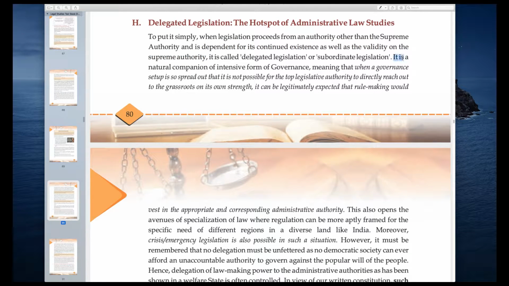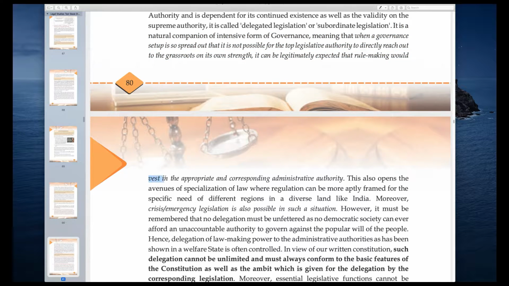So let's move on. It is a natural companion of intensive forms of governance, meaning that when a governance setup is so spread out that it is not possible for the top legislative authority to directly reach the grassroots on its own strength, it can be legitimately expected that rulemaking would vest in the appropriate or corresponding administrative authority.